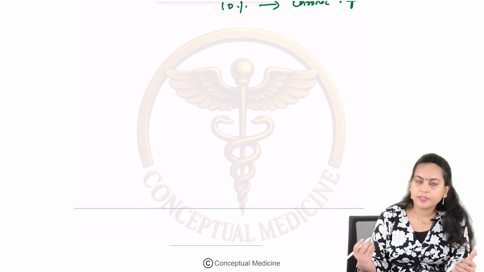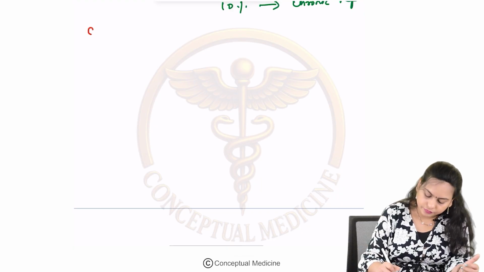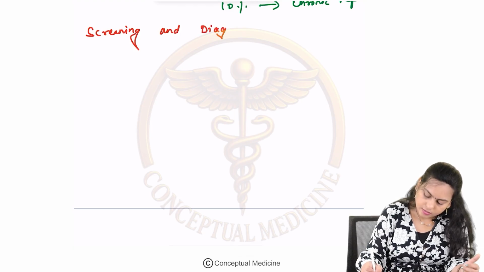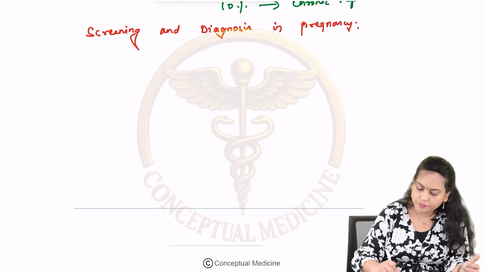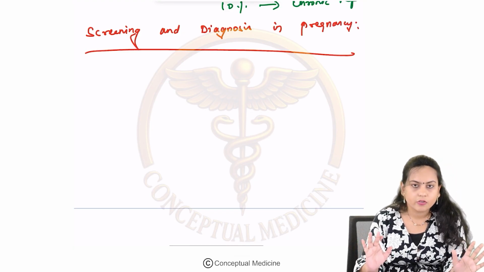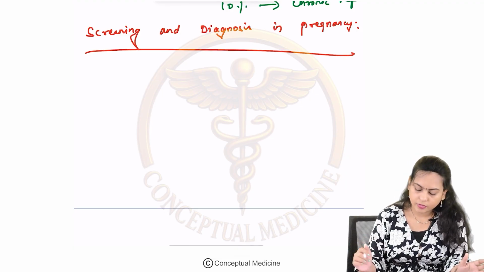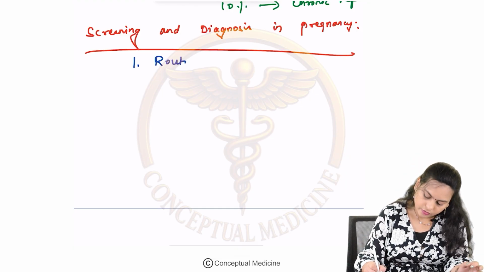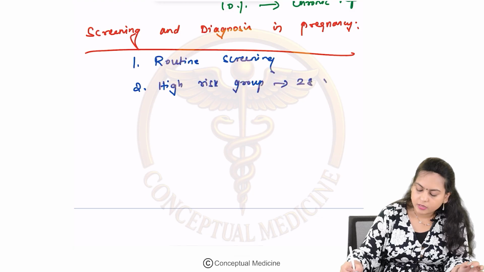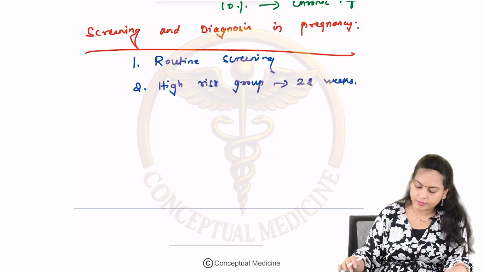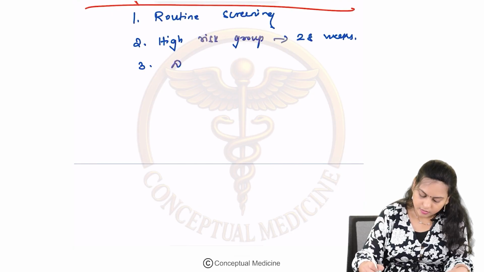Now, how do we do screening and diagnosis in pregnancy? This infection is to be screened routinely for all antenatal women, so you should offer a routine screening. If they fall in a high risk group, screening at 28 weeks is done again.